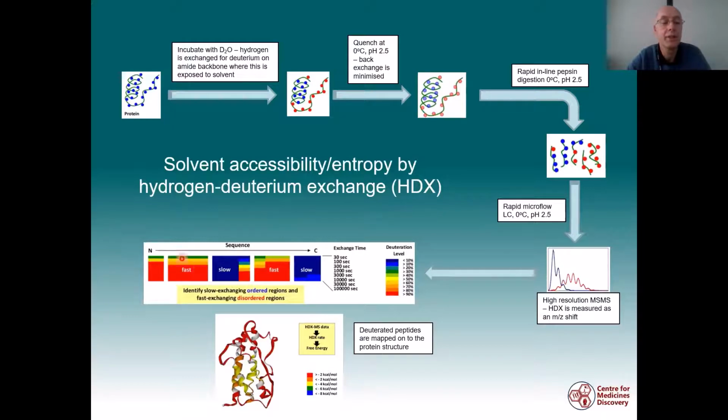So these are the peptides where exchange for deuterium has been fast, and the blue ones, this is where exchange has been slower. So this is the linear sequence of our protein with these fast exchanging and slow exchanging regions mapped onto it. And then, of course, you can map that onto the three-dimensional structure. And this should be able to tell you where that solvent accessibility resides.